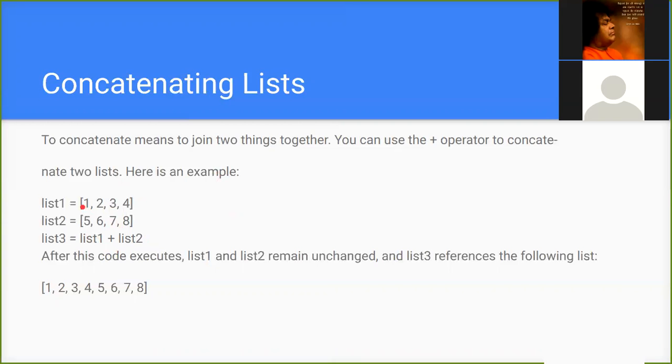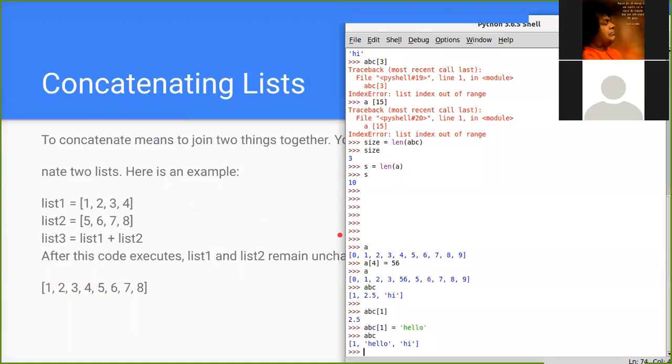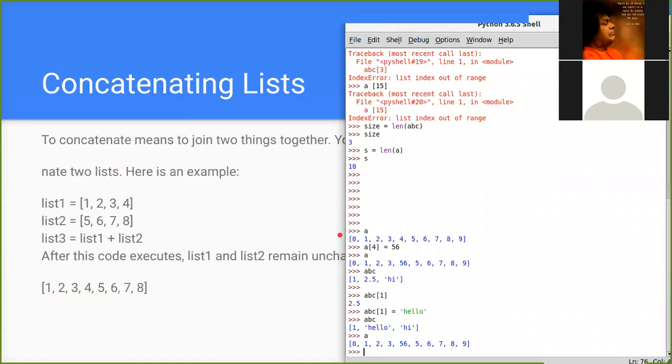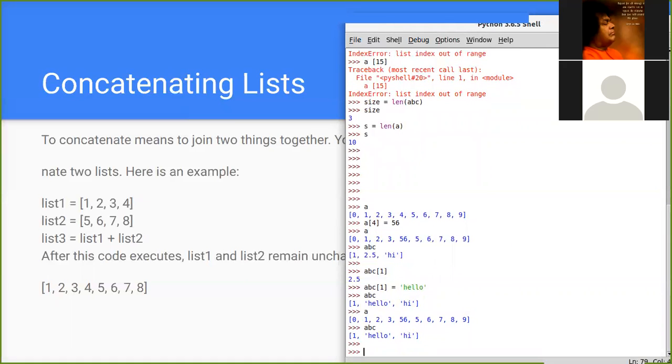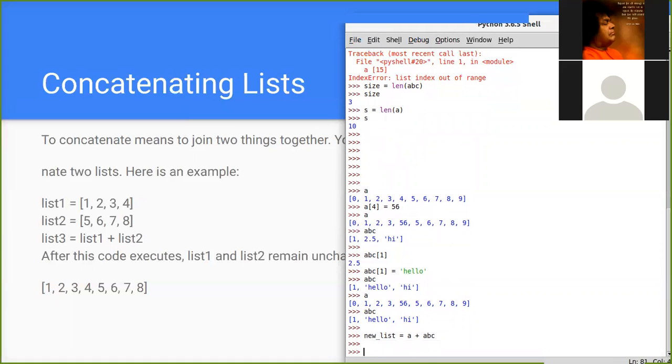So let us say we have two lists, A and a list called ABC. Now I create a new list, say new list is equal to A plus ABC, and it will create a new list adding these elements to these elements at the end.